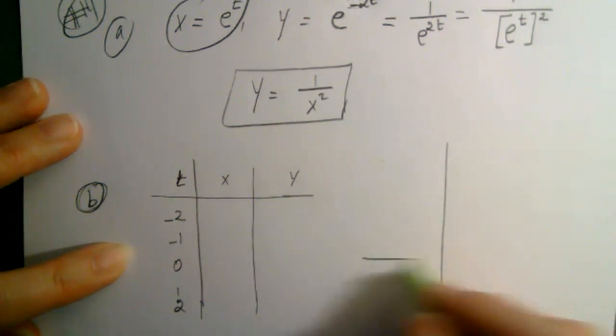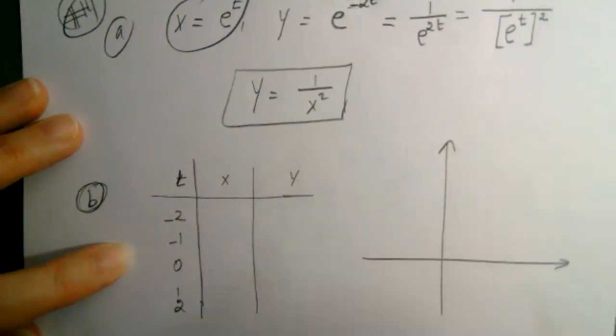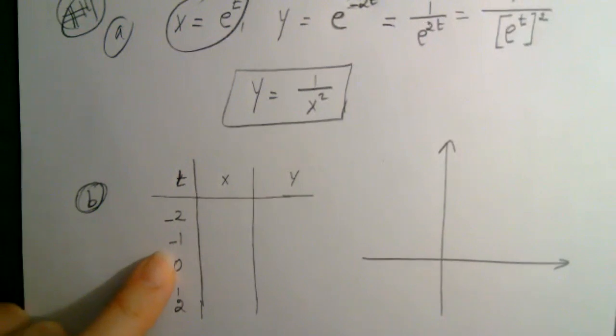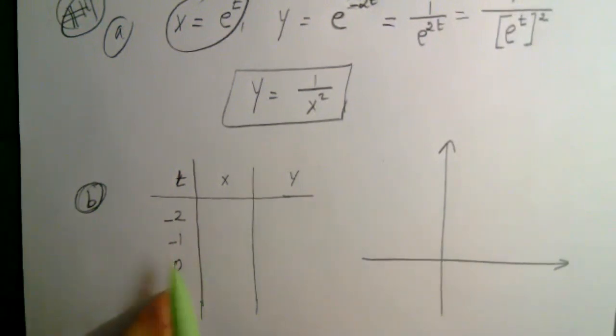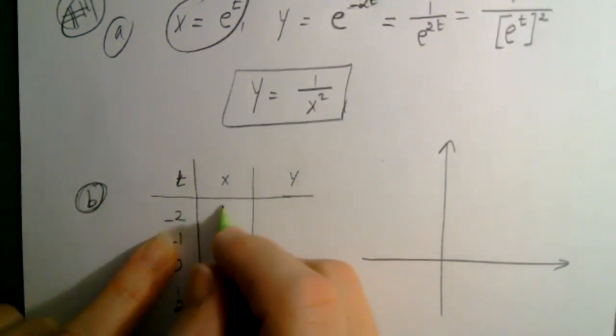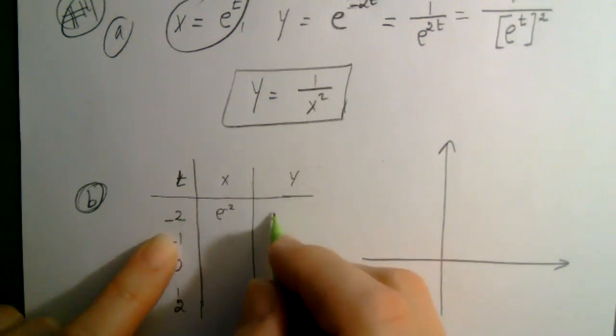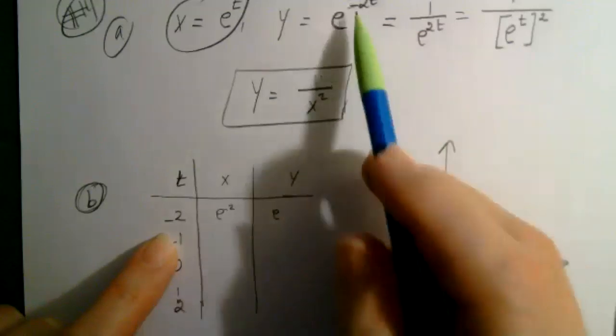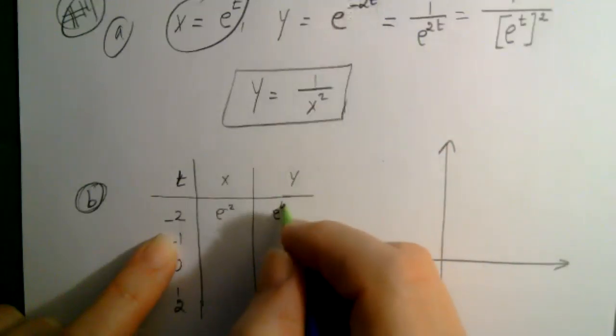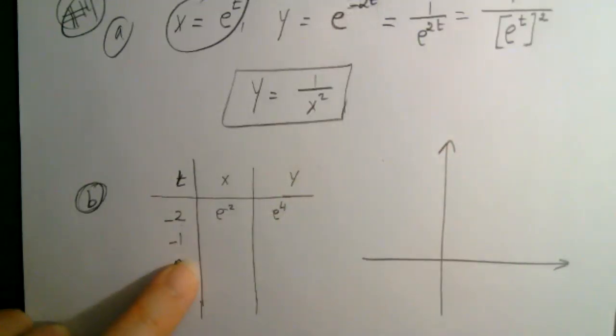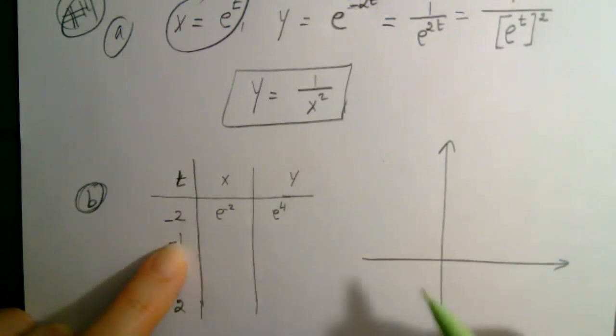We have an idea how it's going to look, but let's know the direction of motion. At -2, I have e to the -2, and this is e to the power -2 times -2, e to the 4. So at t equal -2, I am at the point e to the -2 and e to the 4.